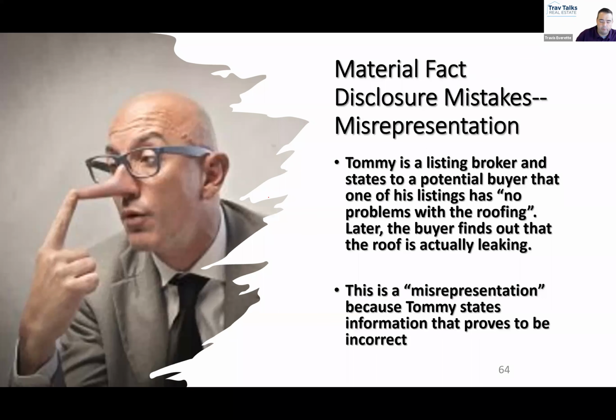Tommy is a listing broker and he states to a potential buyer that one of his listings has no problems with the roofing. Later, the buyer finds out the roof is actually leaking. So here's the question. Did Tommy give information? Yes. He said there were no problems.